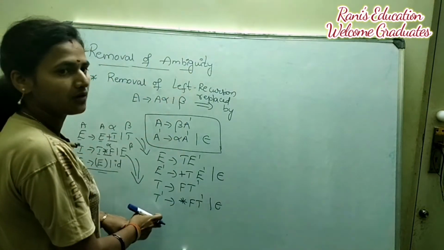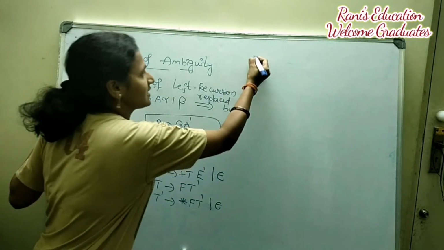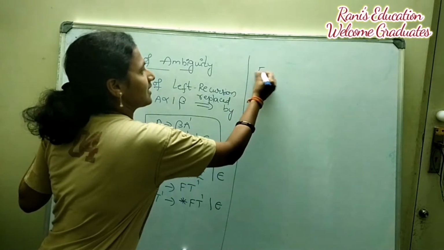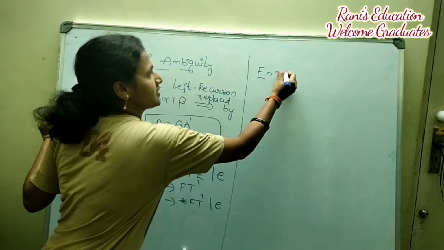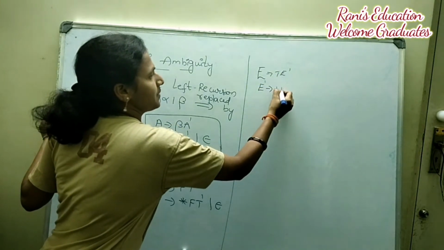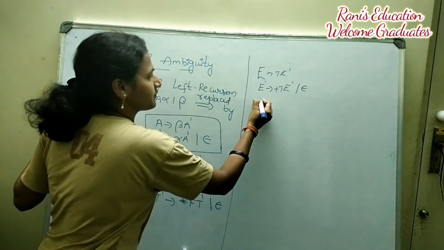After removal of left recursion from this context-free grammar, the resultant grammar will be like this. E derives T E dash, E dash derives plus T E dash or epsilon.